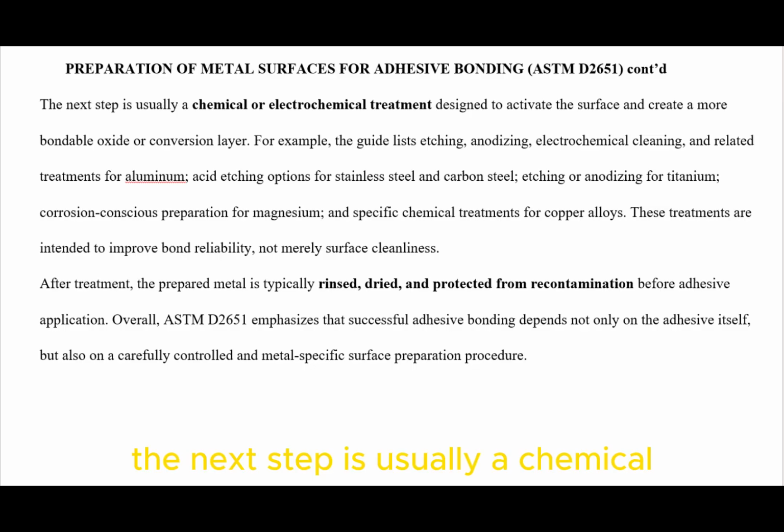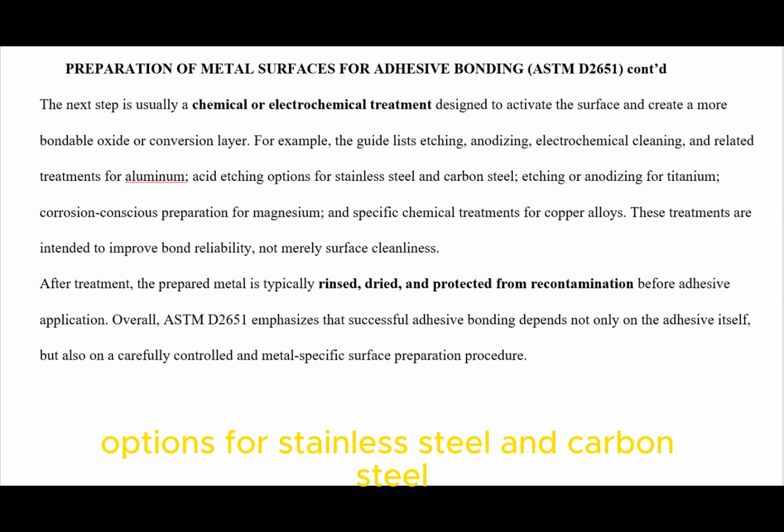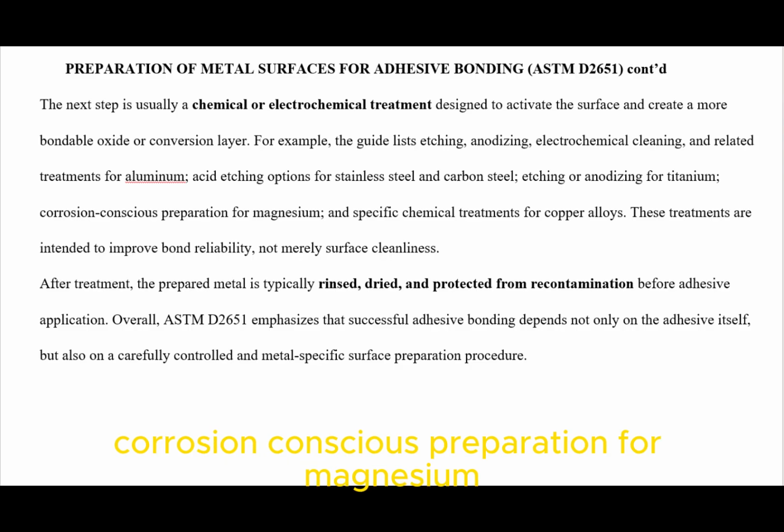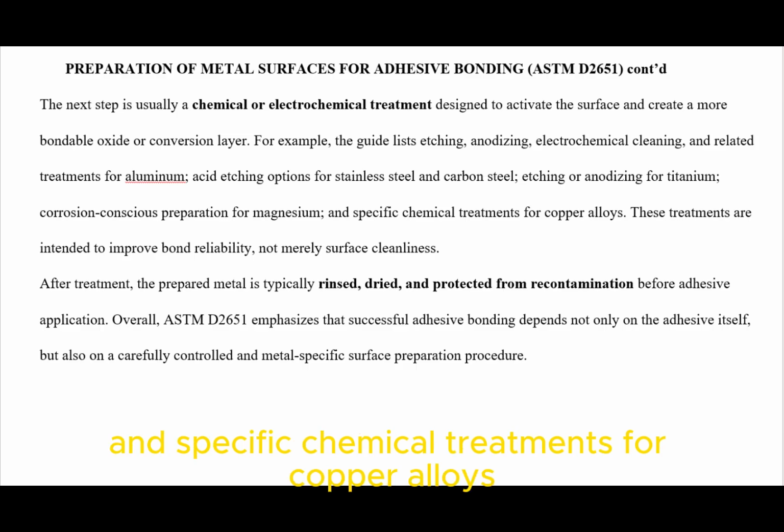The next step is usually a chemical or electrochemical treatment designed to activate the surface and create a more bondable oxide or conversion layer. For example, the guide lists etching, anodizing, electrochemical cleaning, and related treatments for aluminum, acid etching options for stainless steel and carbon steel, etching or anodizing for titanium, corrosion-conscious preparation for magnesium, and specific chemical treatments for copper alloys.